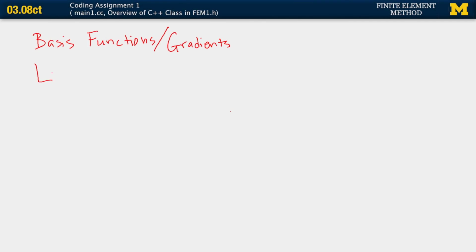If you look at your first assignment, you'll also see that another function we need to create is a function that will calculate the L2 norm of the error between the actual solution and your finite element solution. So that's another function that you will need to create.